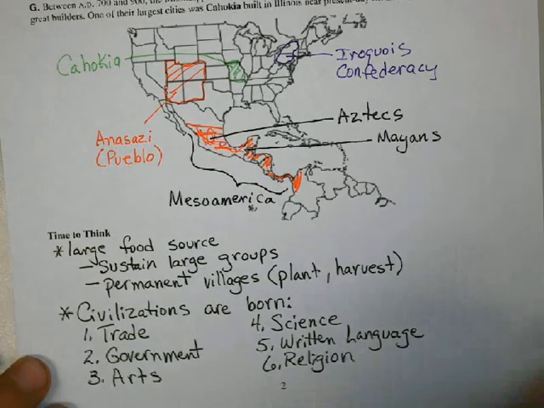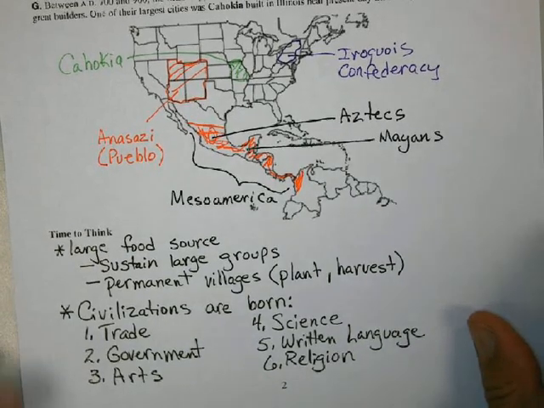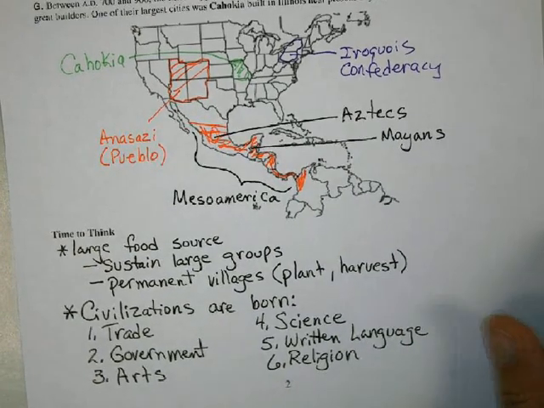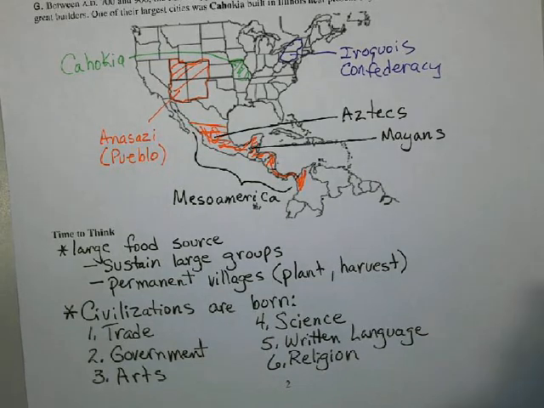Now, again, the time to think here is going to be incredibly important because it's not about survival anymore. Well, yes, you still focus on the survival part, but now you have time to think. Instead of worrying about, am I going to be eating today, now you're going to have a choice of, man, what do I feel like eating today? And at the same time, right here, you're going to be having the growth of social classes. The idea of, hey, why should I be doing the work?